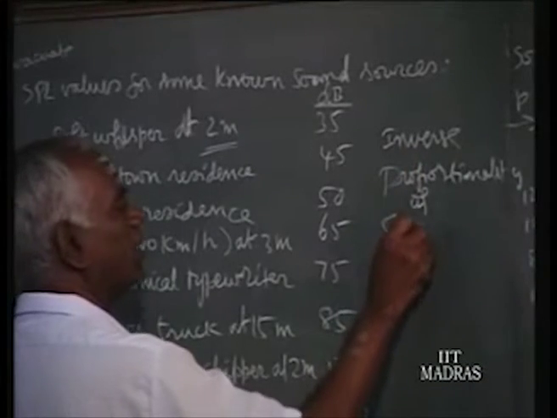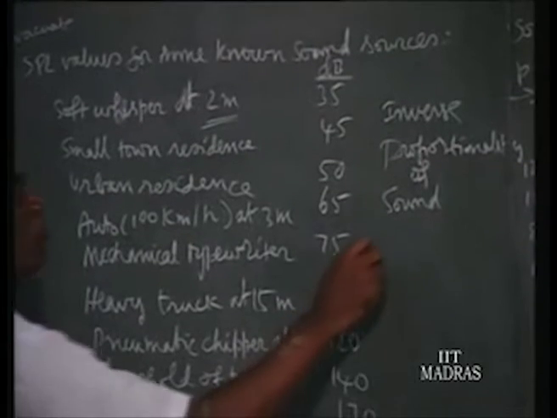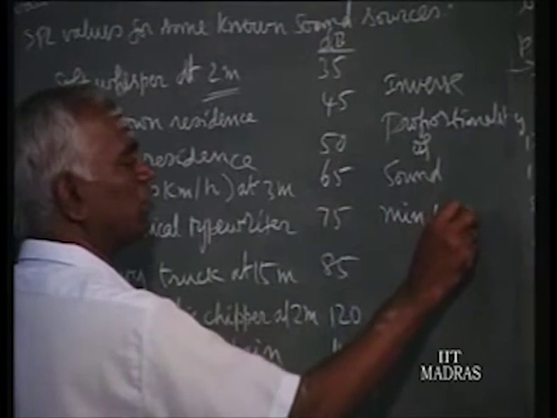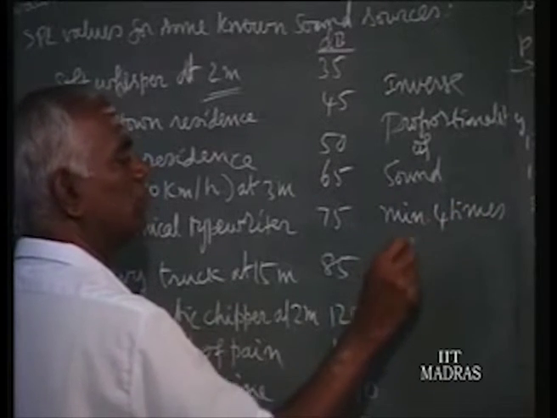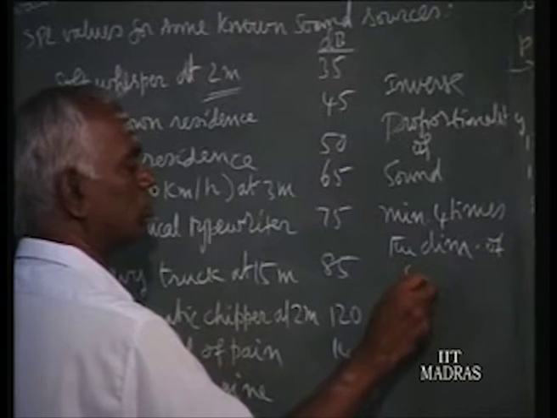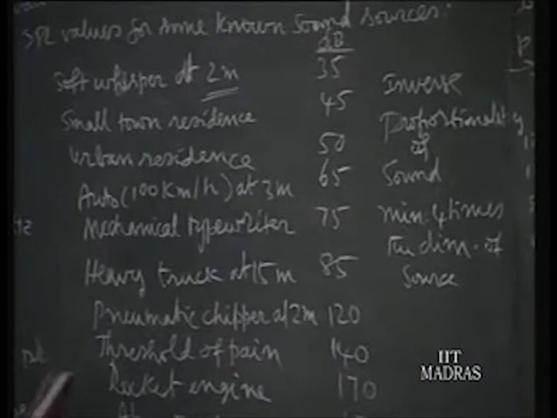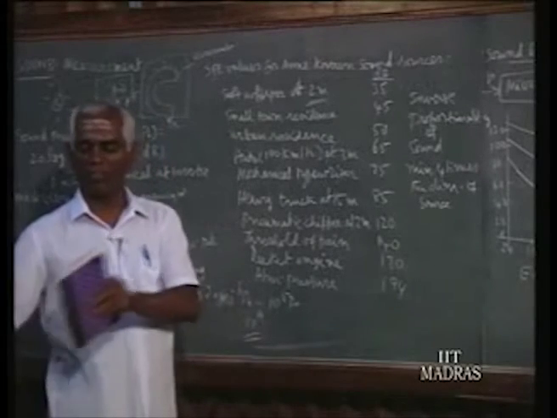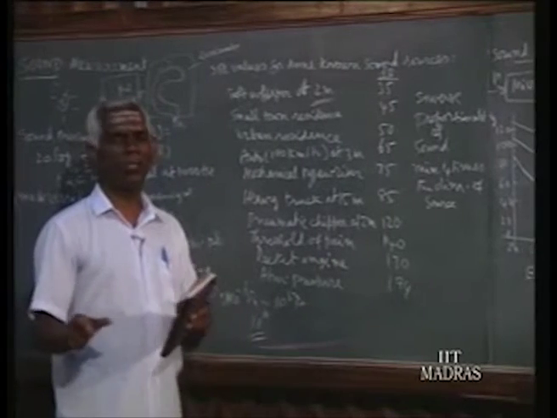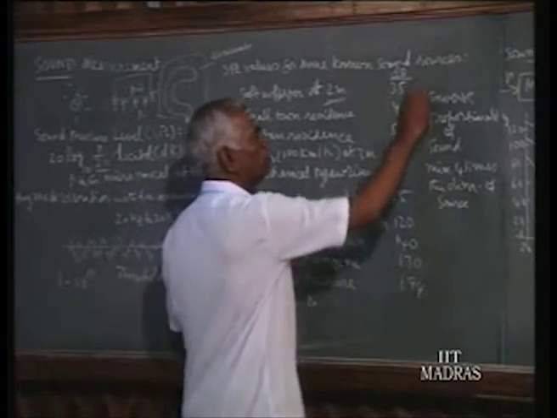It holds if the measurement distance is a minimum of 4 times the dimension of the source. Suppose a typewriter is 1 foot in length, then we can measure at 4 feet away or more. Within 4 feet, we find it does not obey this rule of inverse proportionality.